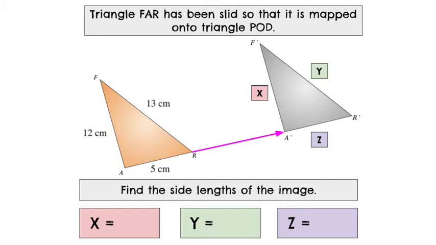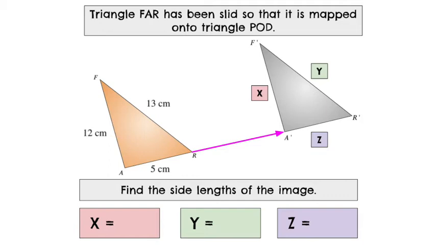Okay, so I'm now starting an activity where we have two triangles and one triangle, FAR, has been slid so that it is mapped onto triangle FAR. Actually, the triangle seems to be FAR and F'A'R'. So one triangle was slid onto the other triangle.